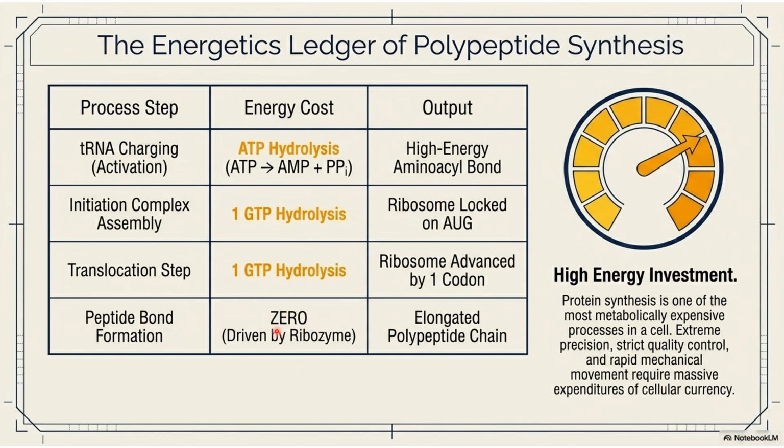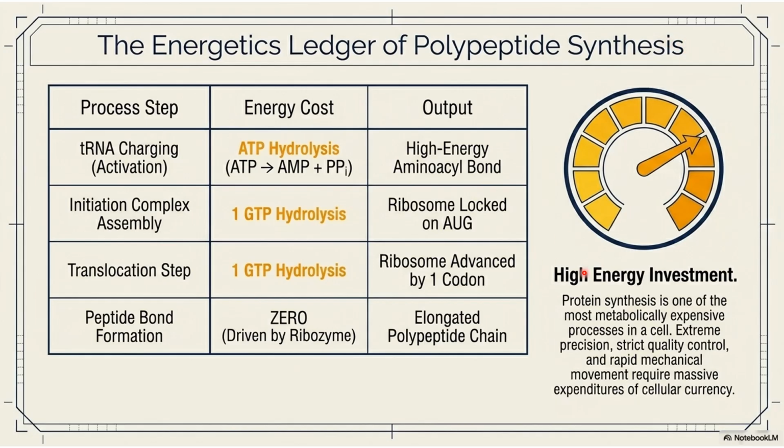So there is zero energy cost during the peptide bond formation because it is prepaid here. The next energy utilization is in the initiation complex formation, where 1 GTP is utilized, and in the translocation step, which allows the ribosome to move further along the mRNA, another GTP is used. So these are the energies spent for protein synthesis.